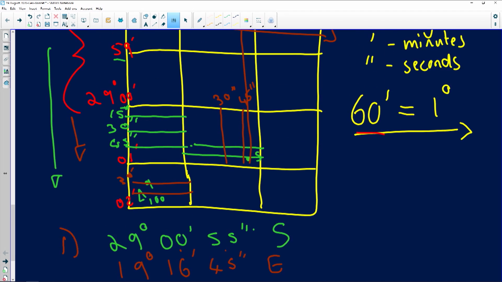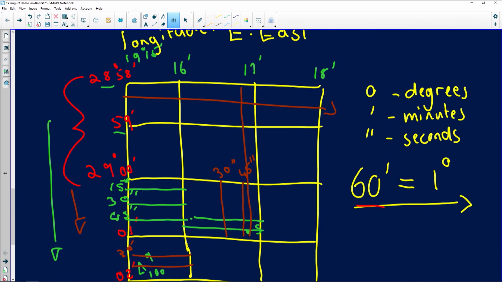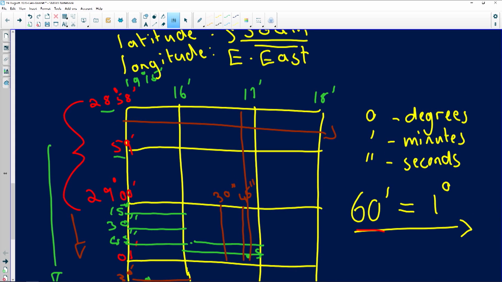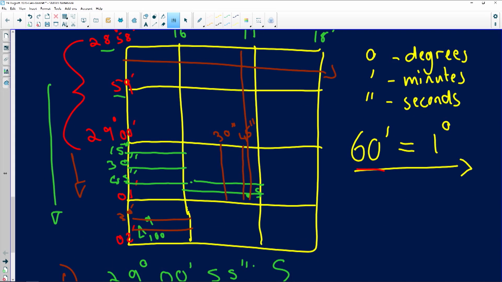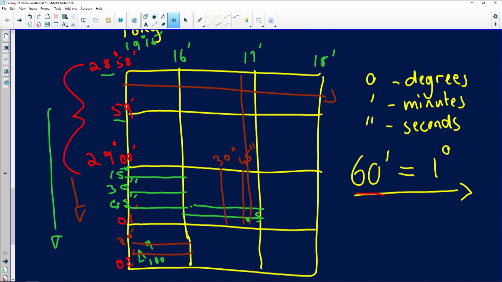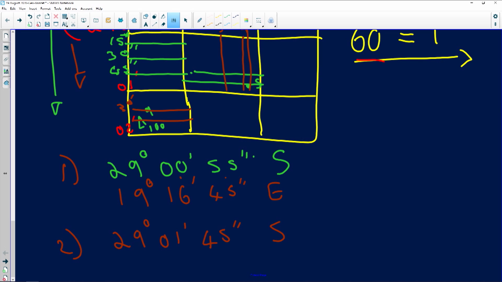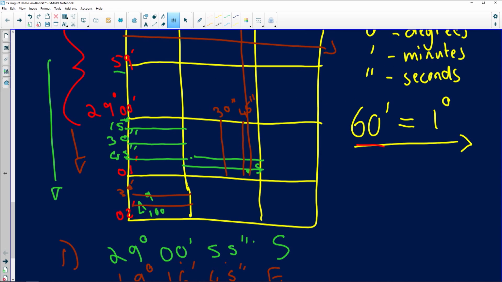Okay. Now, if we look at our longitude position, 19 degrees, 15 minutes, 16 minutes. If we look, we find the trig station between 15 and 16 minutes. So it's 19 degrees, 15 minutes. Okay. Now, once again, we divide our grid into half.